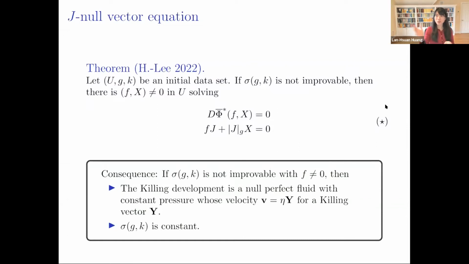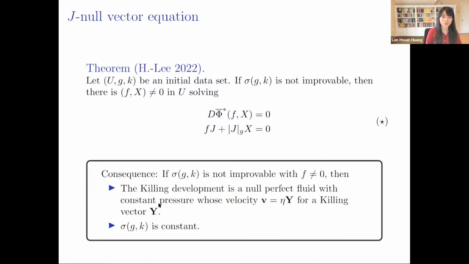So I have told you a lot of results, right? So putting these two topics together, for null perfect fluid and then the non-improvability, what we can get is this consequence. So if G and K is the initial data set such that this dominant energy scalar is not improvable, and if F is not 0, then we know the initial data set actually sits inside a null perfect fluid space-time.